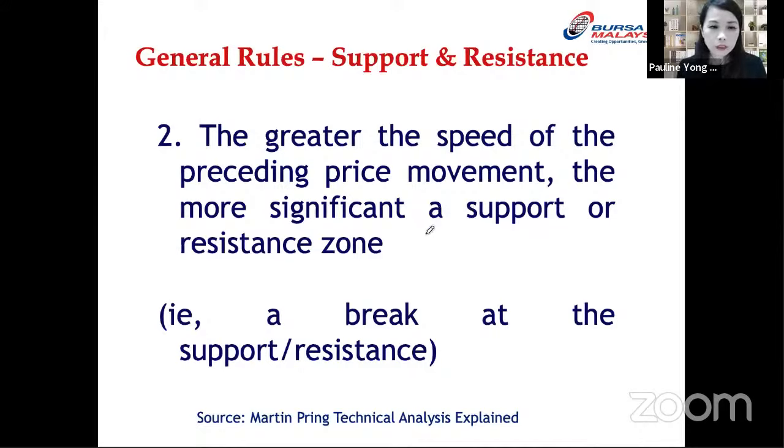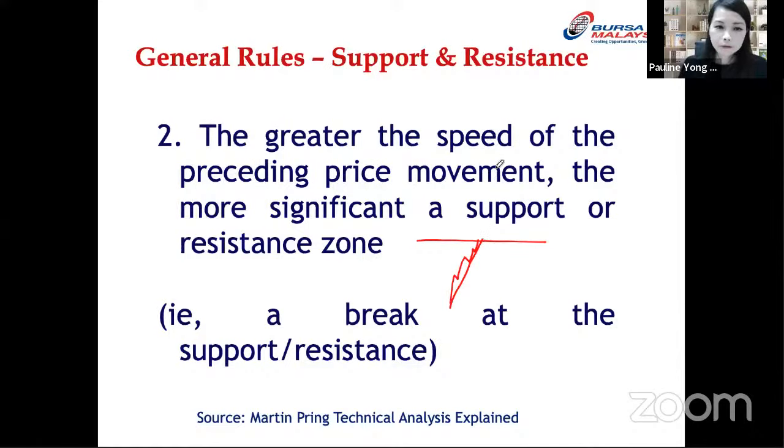So the general rules. The greater the speed of the preceding price movement, the more significant a support or resistance. This is actually the same as what I told you just now, whereby you are looking at the speed of the angle. When you see that the price is full of momentum, then you know this price action is very powerful, and most likely it will break any resistance, because it is a very, very powerful price action.